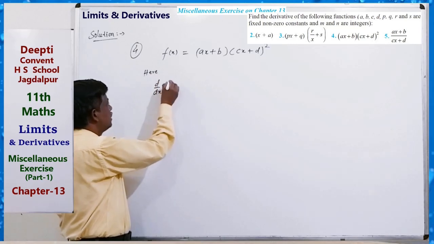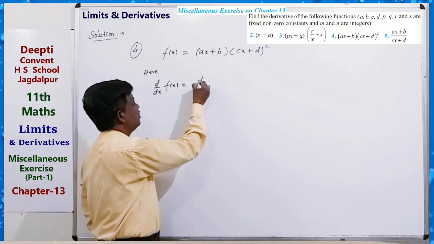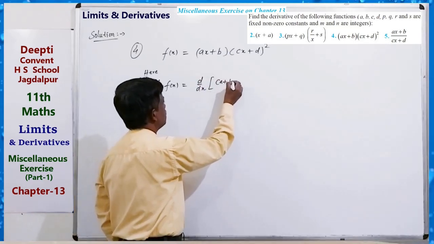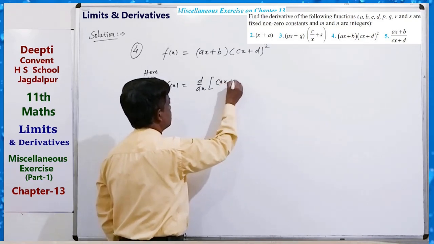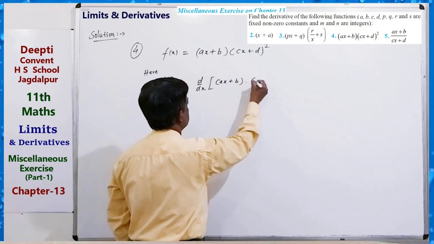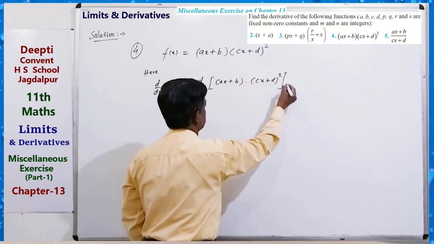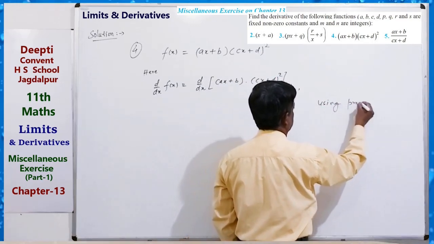So here, dy/dx of f(x) is equal to dy/dx of (ax + b) into (cx + d) whole square, using product rule.